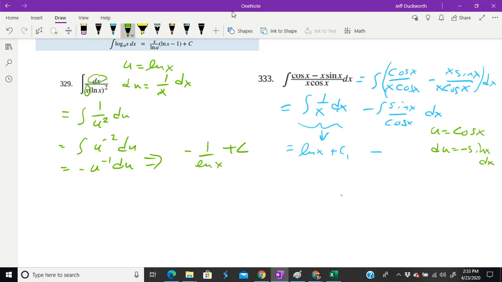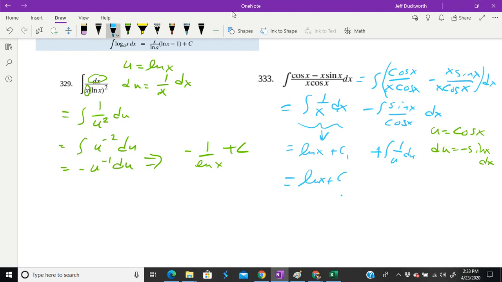Well, we happen to have a negative, we happen to have a sine, we happen to have a dx, so that's simply now plus the integral of 1 over u du. All right, so I've already taken the integral of the first part, so we leave that alone.